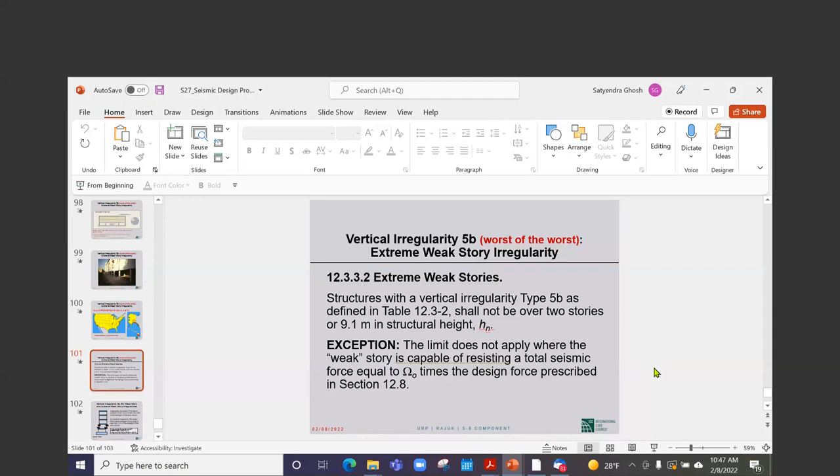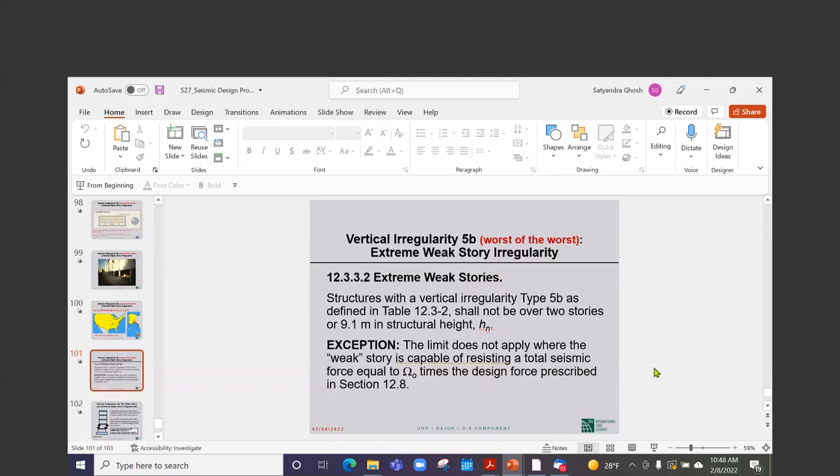Dr. Ghosh, the next question is, what is the response modification factor for tubular structure? Tubular structures are not allowed. We will discuss this tomorrow, when we have the strong column weak beam requirement.